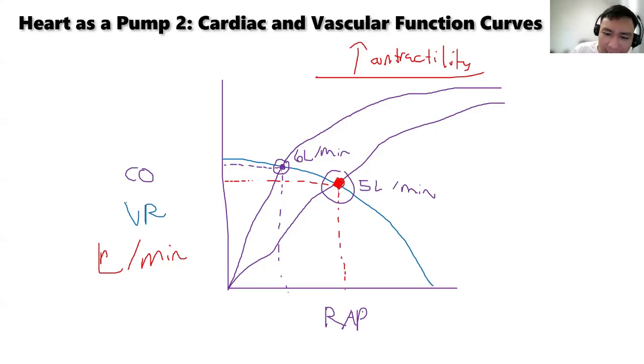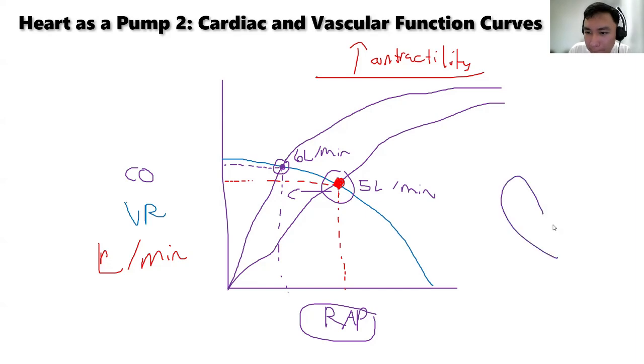But tingnan niyo kung ano nangyari sa right atrial pressure ng equilibrium point nila. We move to the left, meaning bumaba. So, bakit bumaba? Yung equilibrium point ng right atrial pressure natin when we increase the cardiac contractility. The reason for that is, imagine nyo kung ito yung heart, tapos tinaasan natin yung contractility ng heart.